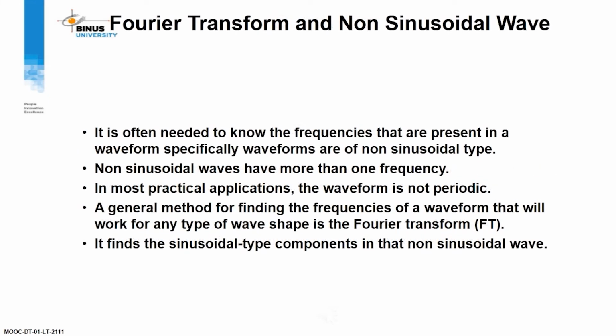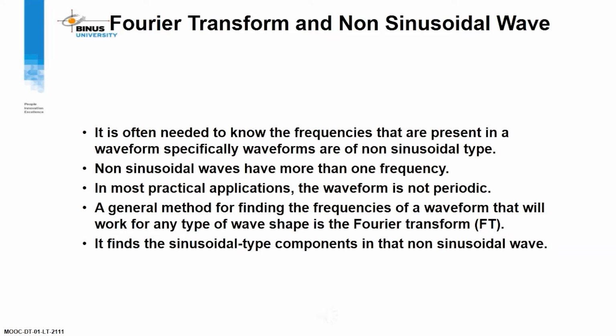Fourier transform and non-sinusoidal wave. It is often needed to know the frequencies that are present in a waveform, specifically waveforms that are of non-sinusoidal type. Non-sinusoidal waves have more than one frequency.